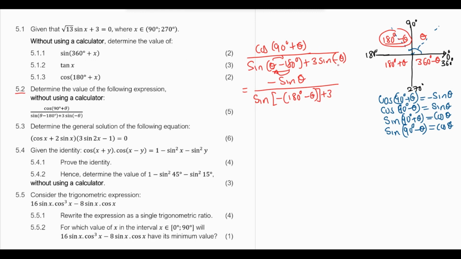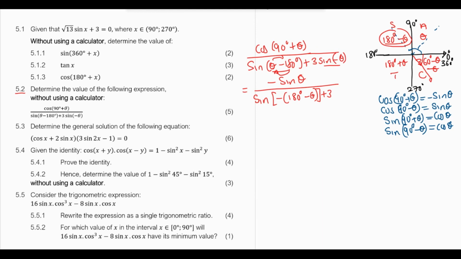And then the other thing I want us to remember is the negative angles. Negative angles are angles in the fourth quadrant, because we'll be measuring angles in a clockwise direction. So these are negative angles. And then using our CAST diagram, we know that only the cosine of the angle is positive in the fourth quadrant.